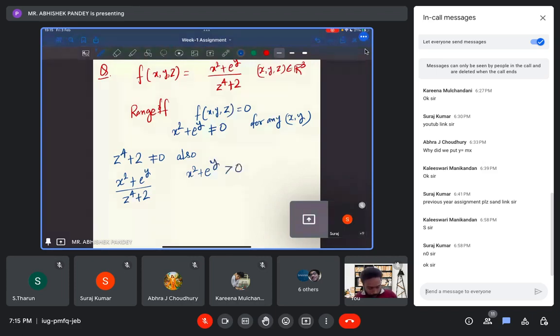And z to the power 4 plus 2, this will also be greater than 0, isn't it? Is it clear? Yes, sir.